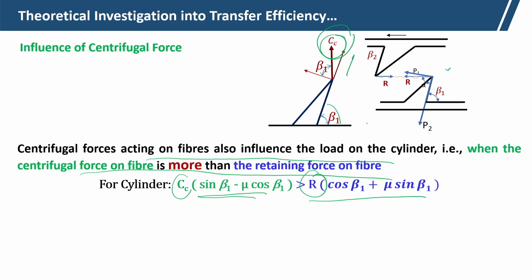So, this is R here: R cos beta 1 and mu R sin beta 1. The force on the fiber due to tension acts downward, but the centrifugal force effect will act upward.